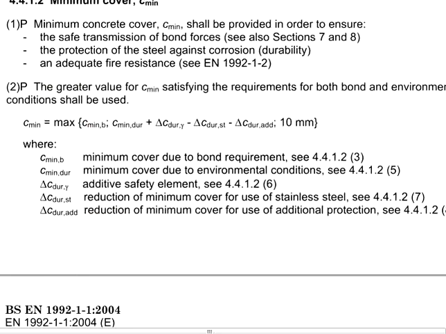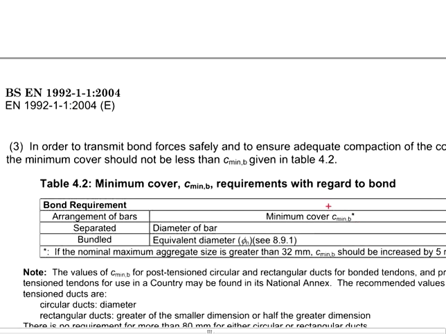which can be due to the bar size, environmental conditions, and the minimum of 10 mm. The C min,b can be obtained from table 4.2 in Eurocode 2. It depends on how your bars are arranged. If the bars are separated, the C min,b can be obtained as the diameter of the bar.